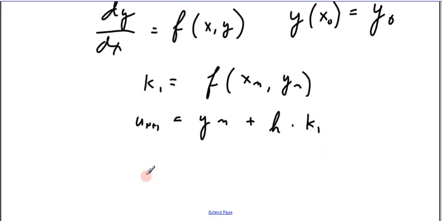And then we'll calculate a k2, and that's going to be f of x n plus 1, u n plus 1.